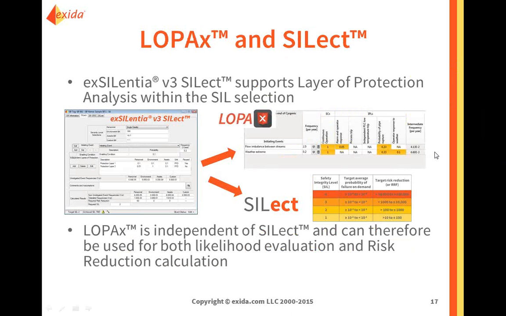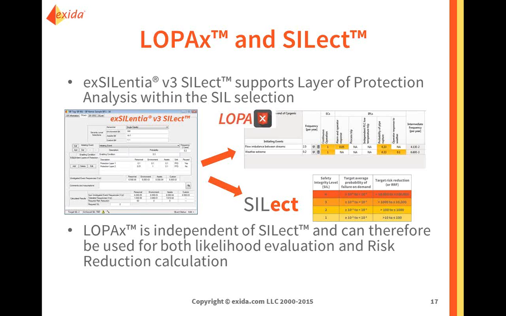So for those of you that are familiar with exSILentia, exSILentia 3, exSILentia 2, exSILentia 1, we have a Select tool, and the SIL selection is kind of a combination of layer of protection analysis and SIL selection.